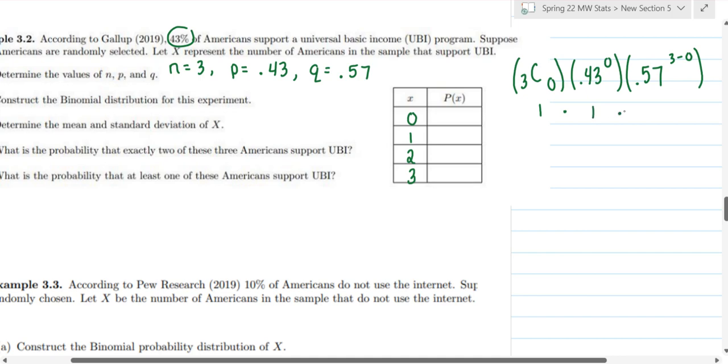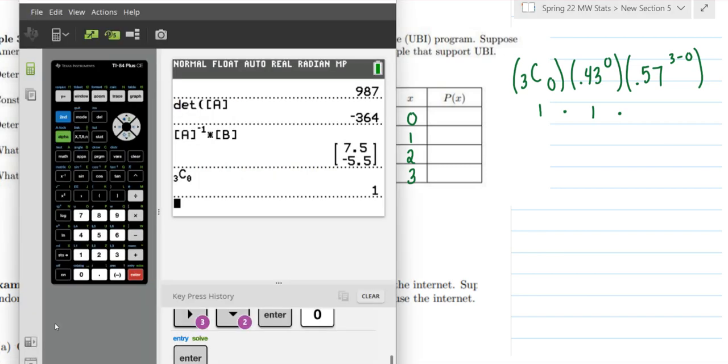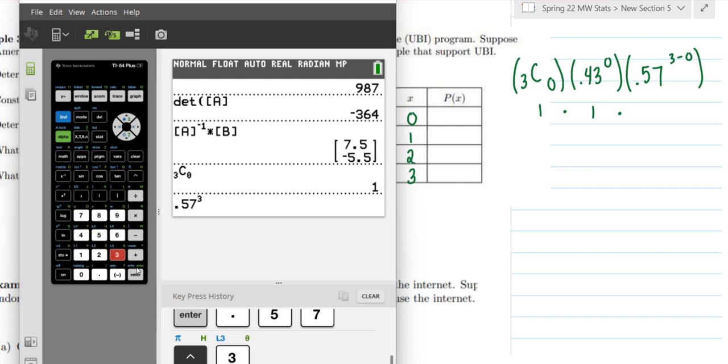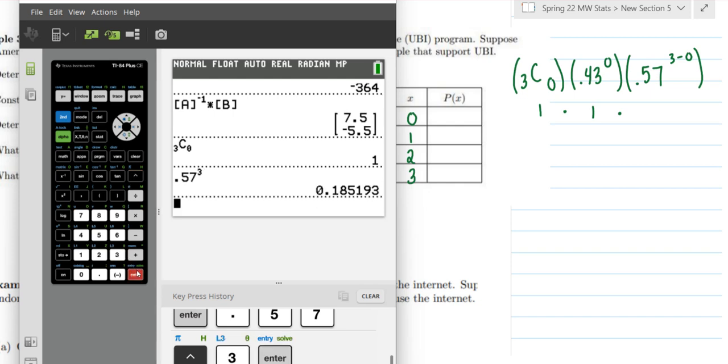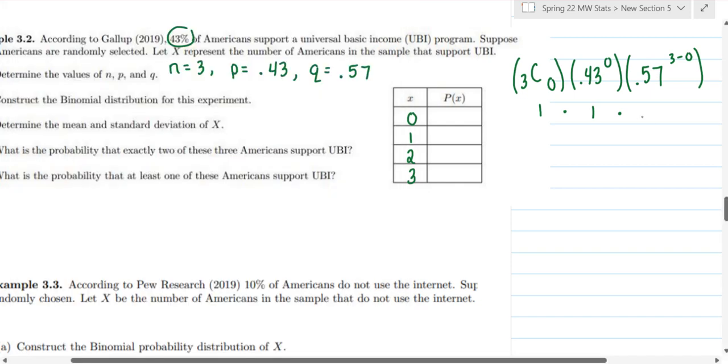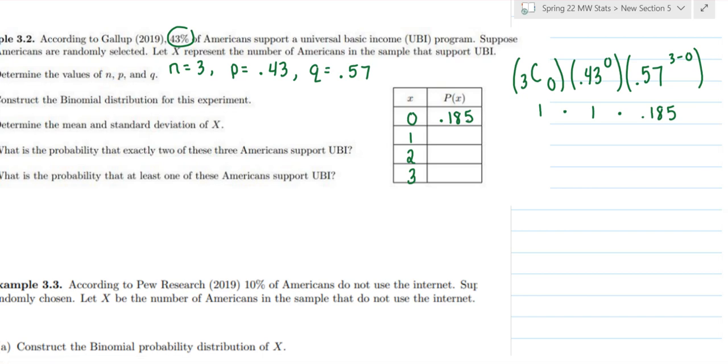Anything to the 0 power is 1. And then 0.57 to the third. So 0.185. So 1 times 0.185 is 0.185. Okay, so the probability that 0 people say yes, 0.185, or about 18, 19%.